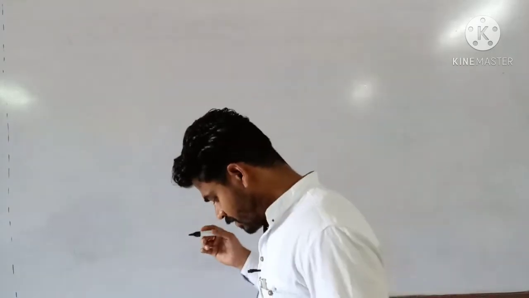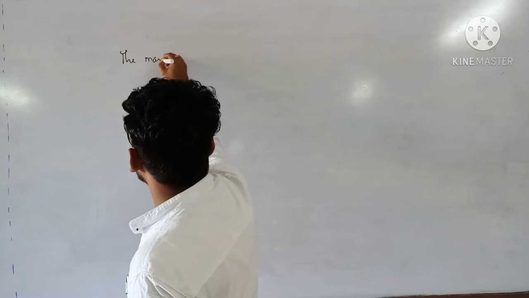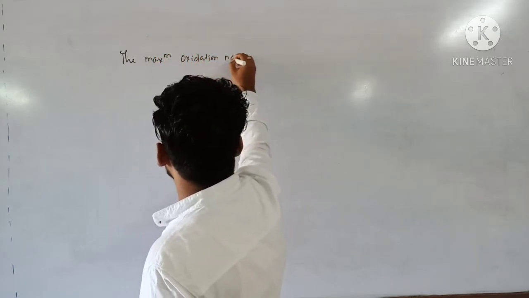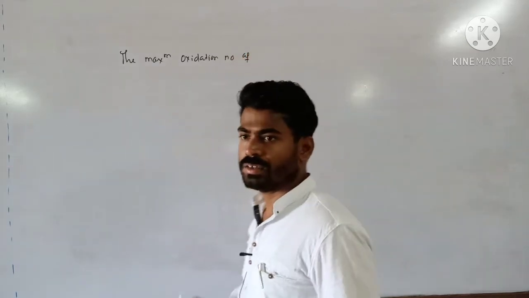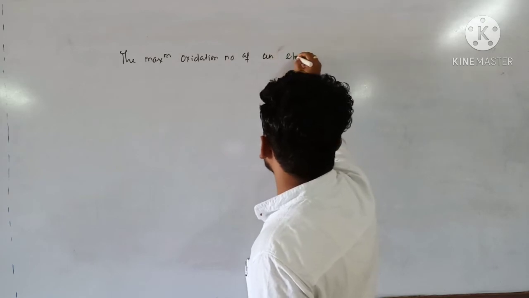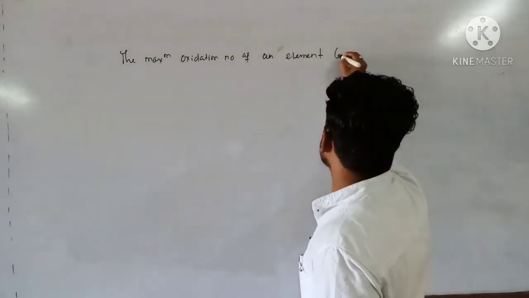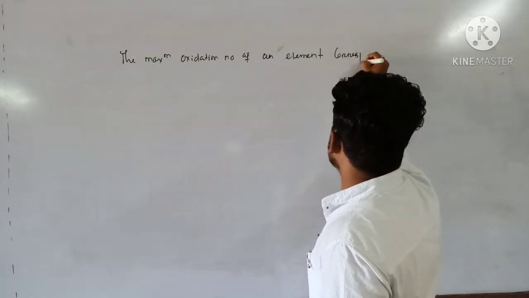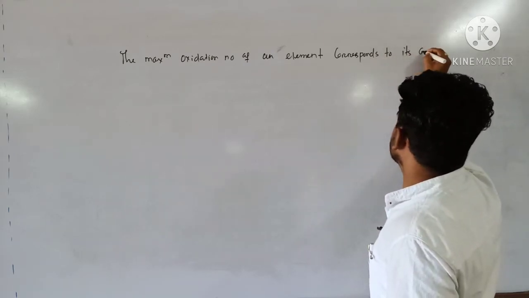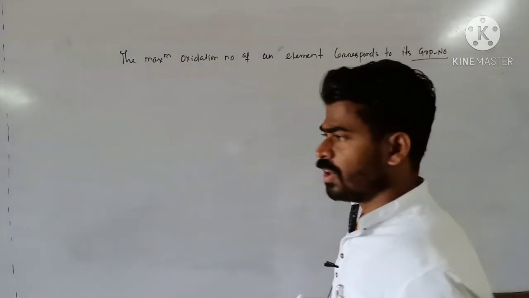Next important point: the maximum oxidation number of an element corresponds to its group number, in the long form periodic table.